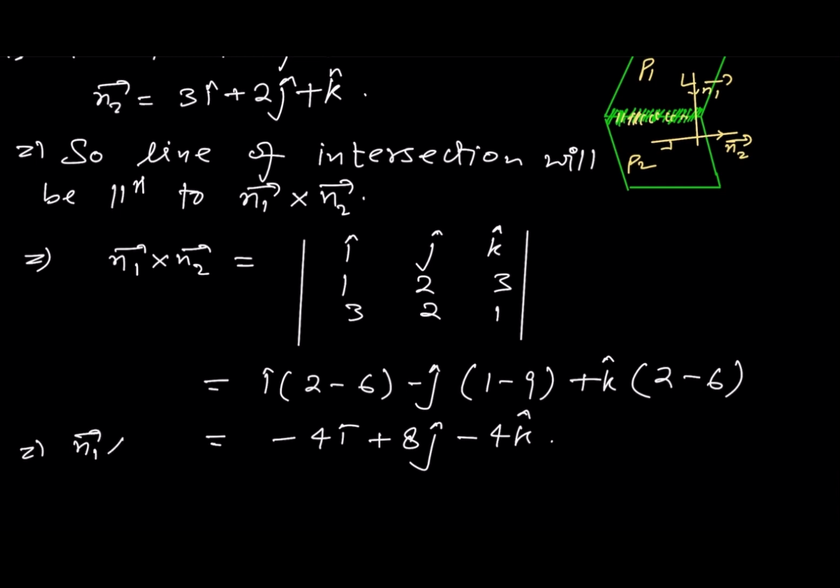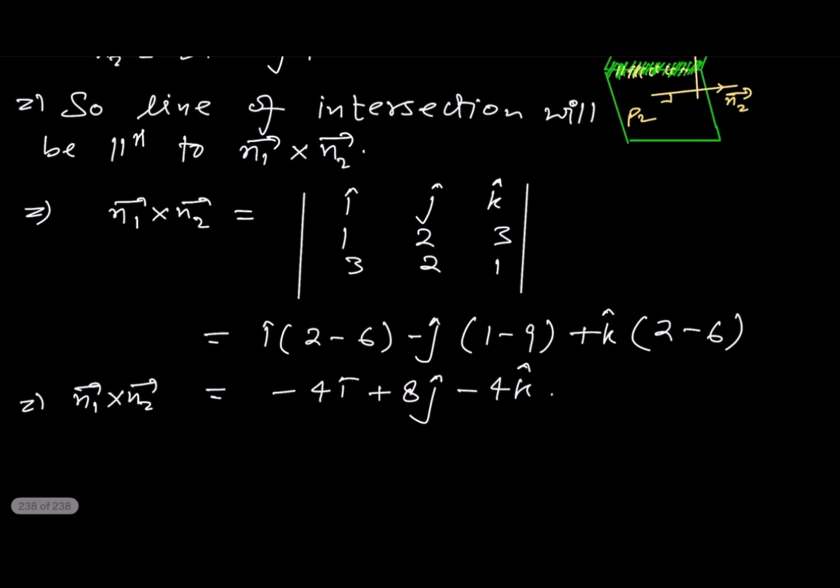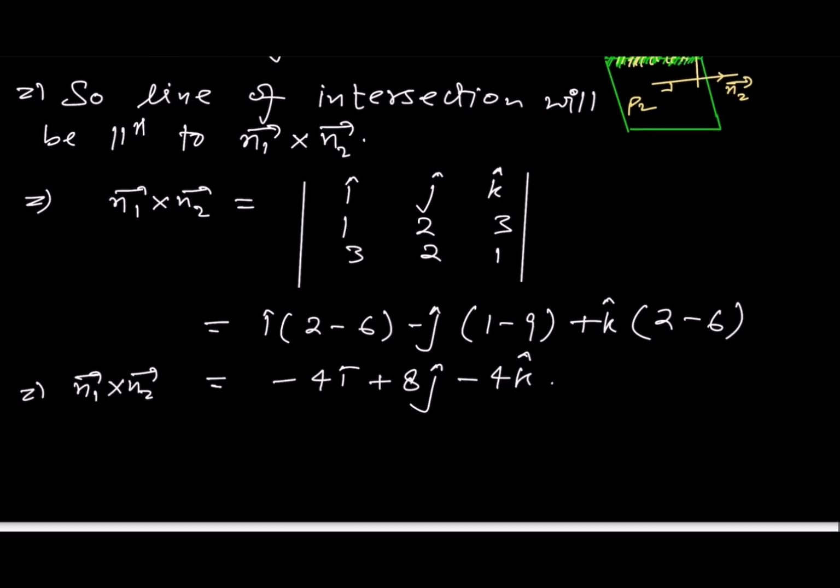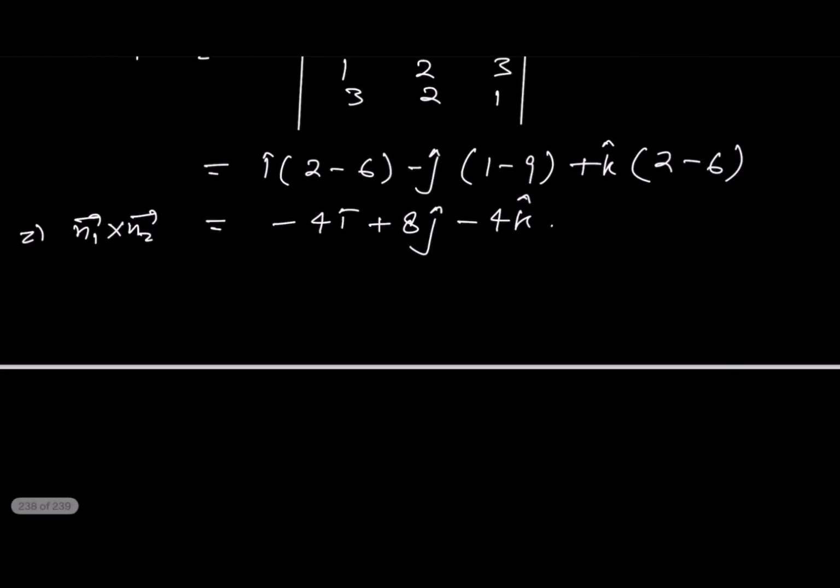Now what do we have to show? We have to show that the angle between n1 cross n2 and i cap and the angle between n1 cross n2 and k cap are equal, right? So now let's say theta 1 is the angle between n1 cross n2 and i cap.